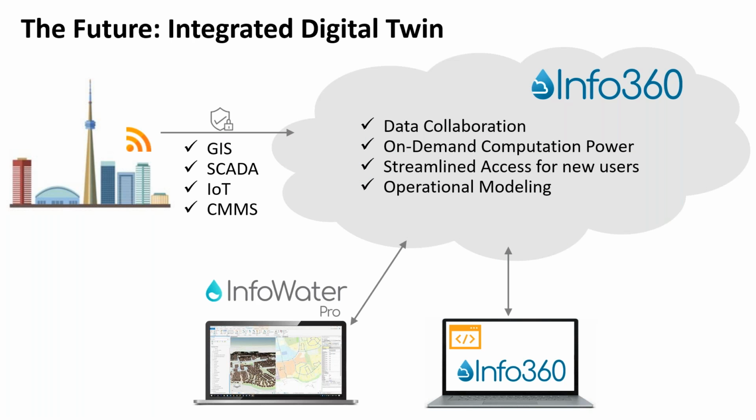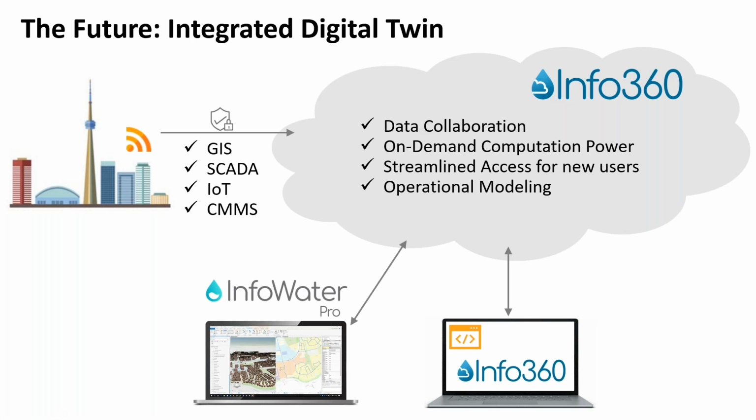The vision we're looking forward to is that Info360 can be a central hub where GIS, SCADA, IoT, CMMS, and InfoWater modelers, as well as our other desktop software, can exchange data with the cloud so we can have data collaboration.